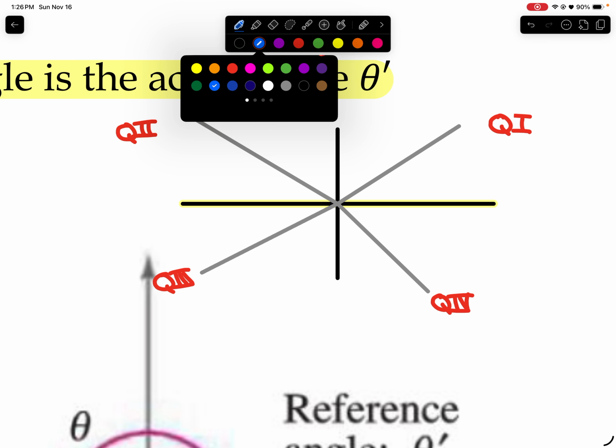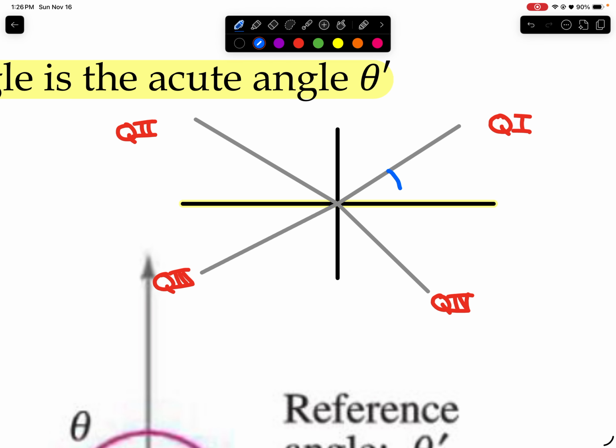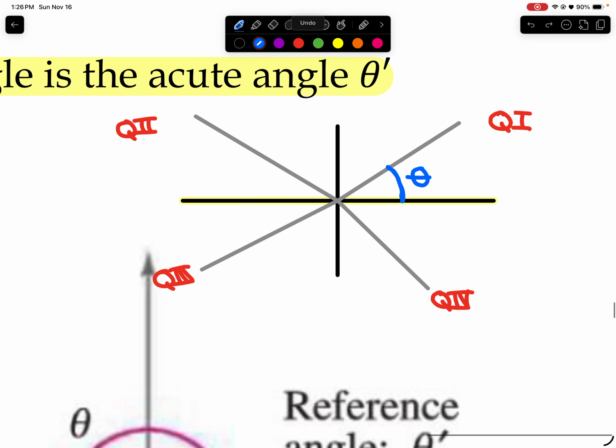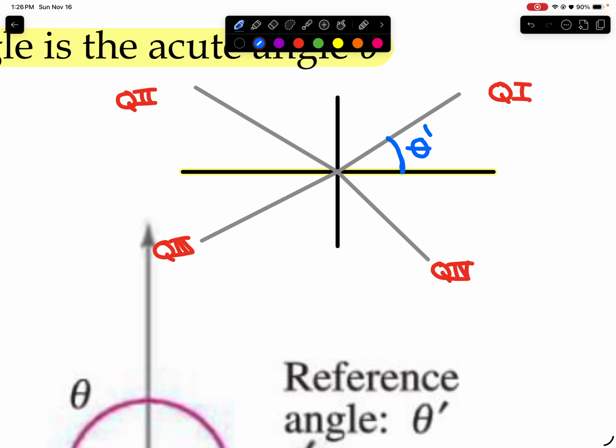So if I'm looking in quadrant 1 here, I'm looking at this angle right here. This would be my reference angle. Now the reference angle is going to be denoted with a theta with an apostrophe. So I call it theta prime. So theta prime is going to be right there in quadrant 1. Quadrant 2 is going to be measuring from the x-axis to the terminal side, which means we're looking at this angle right here as your reference.